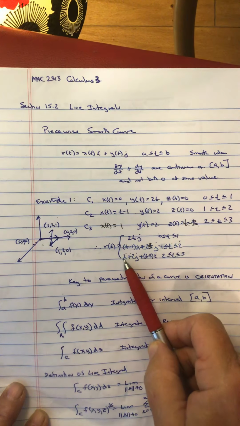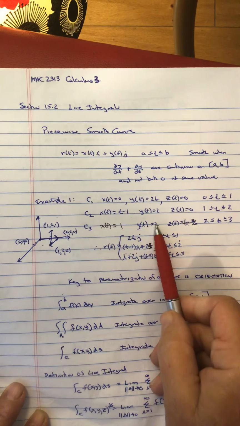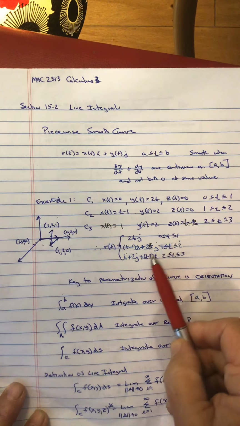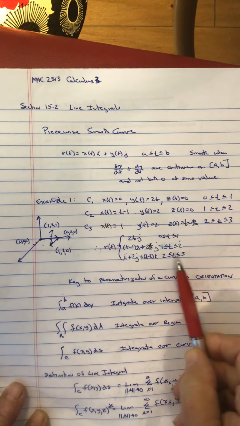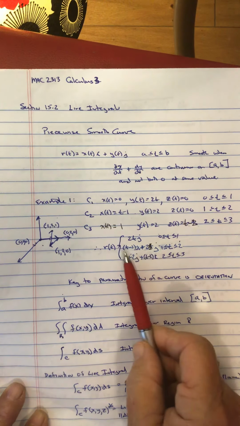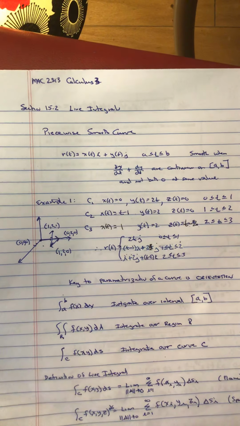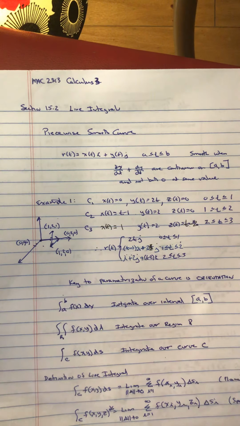So it's 1i plus 2j plus t minus 2 k, t going from 2 to 3. And that path is piecewise smooth.